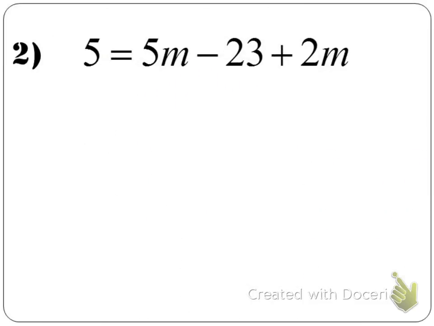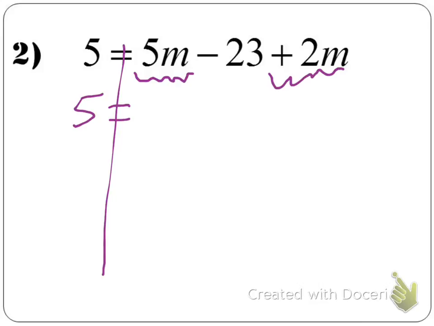Alright, here's number 2. Alright, do you guys see anything that can be cleaned up a little? Yeah, you got some m's right here, right? So let's add those. What is 5m plus 2m? 7m, and then you still have the minus 23.